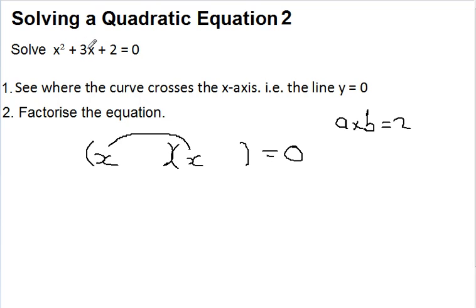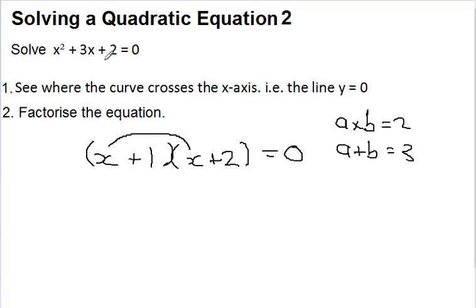So they have to add together to make 3. And actually there are only two numbers that do that, because 2 is a prime number, so it only has two factors, 1 and itself, 2. So 1 times 2 is going to give us 2, and 1 plus 2 will give us 3. So these two numbers are 1 and 2.